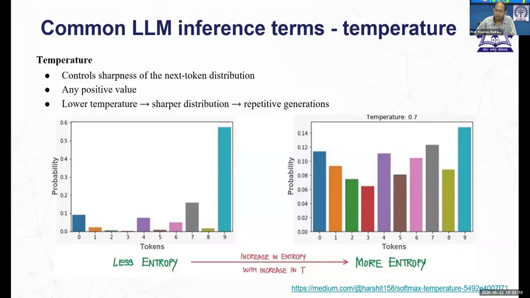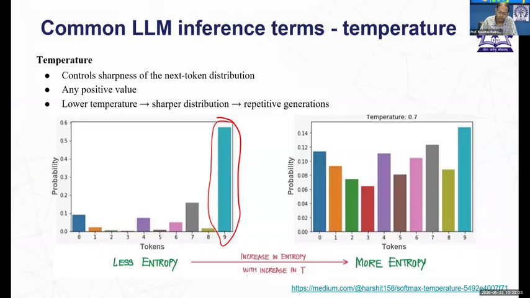What are the possible options? Suppose we have 9 possible options, and we have to fill one word out of these 9. What is the probability of each? You can see that if the temperature is low, it gives almost all the weightage to one word, the 9th word, whatever it could be.